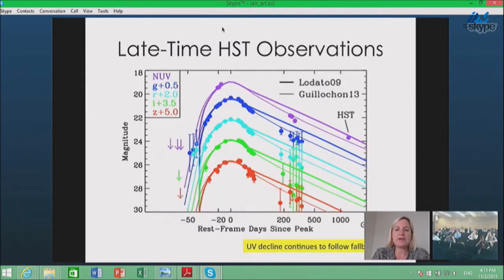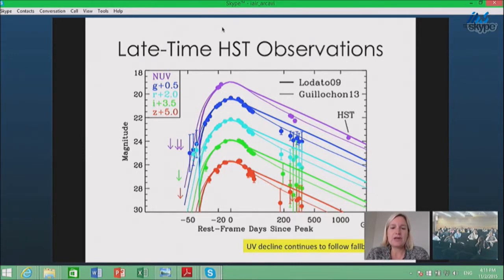And so now if we look at its UV flux, it's remarkably continuing to follow these fallback rate models. So now I'm showing two models, one from Lodato et al. 2009, and one from a suite of models from Guillochon et al. 2013.